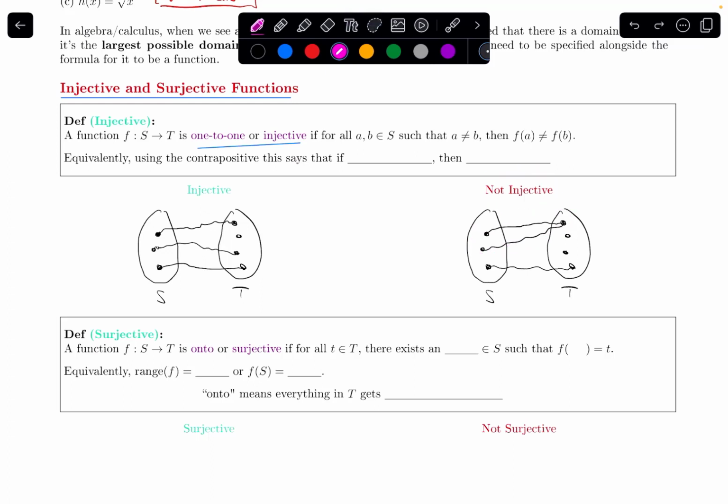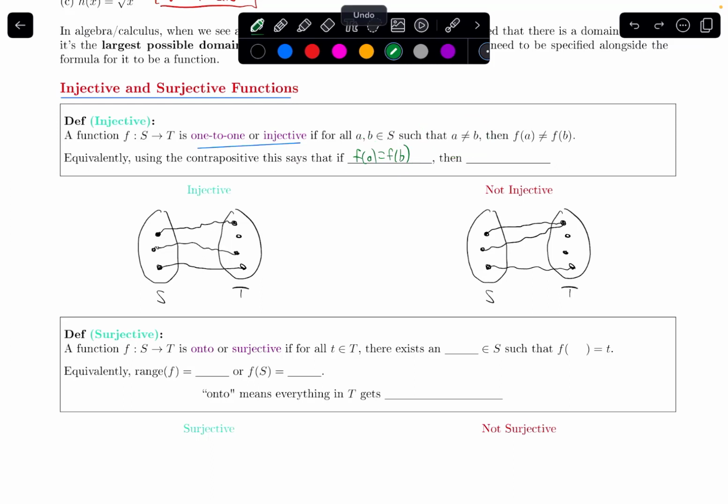Okay, so there's an equivalent way to say this using the contrapositive, because I have an if-then statement. So the contrapositive would say, well, if the conclusion is false, which would mean if f of a actually equals f of b, so in other words, if the two outputs are equal, then the if part is false.